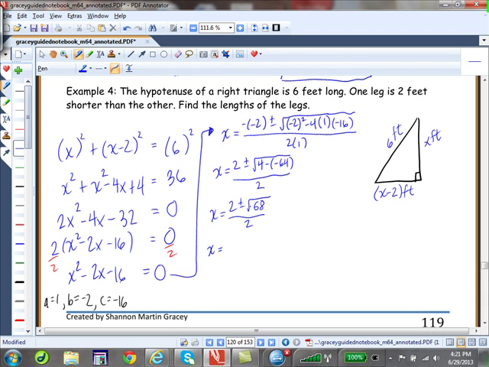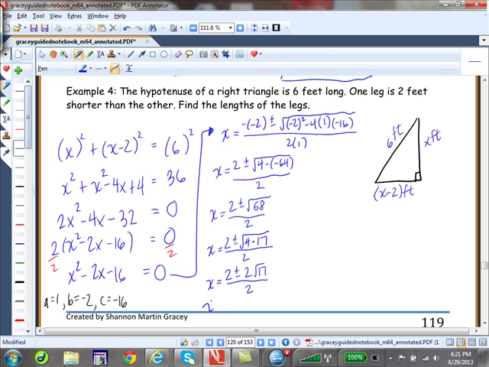Now 68 has a 4 in there, so you can write 2 plus or minus root 4 times 17 all over 2. So we'll get 2 plus or minus 2 times root 17 all over 2.